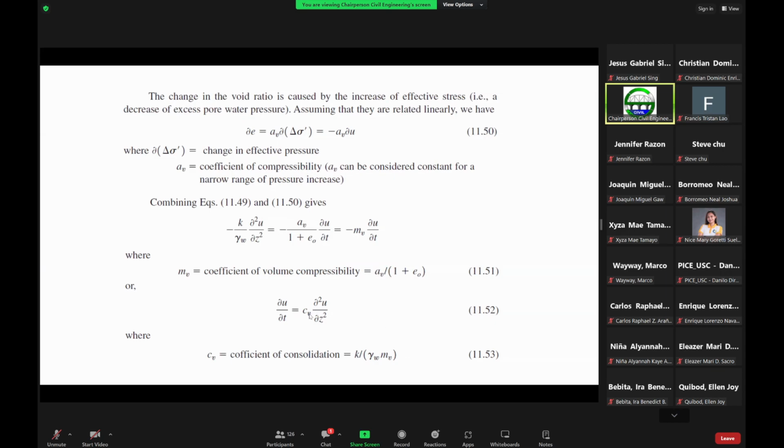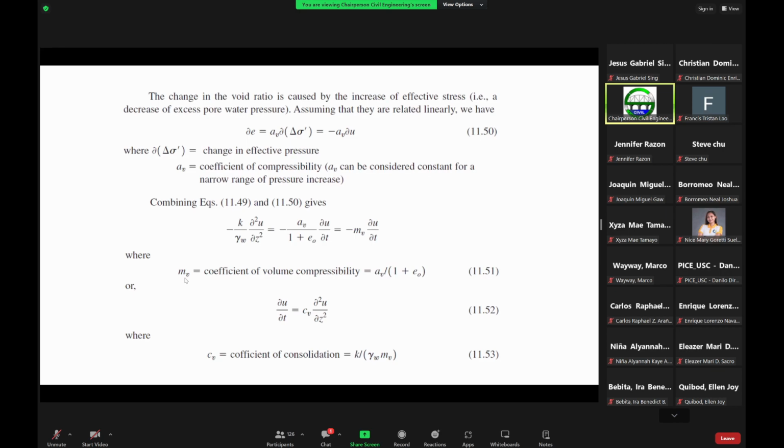So these terms here can just be replaced by the coefficient of consolidation C sub V. Then we now have this final equation here, which is a partial derivative with respect to the excess pore water pressure.